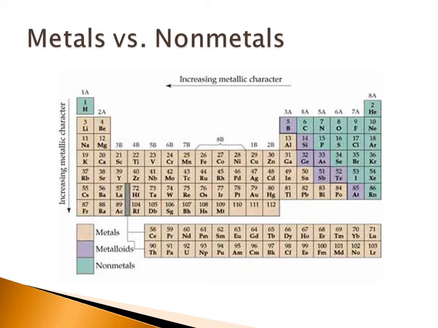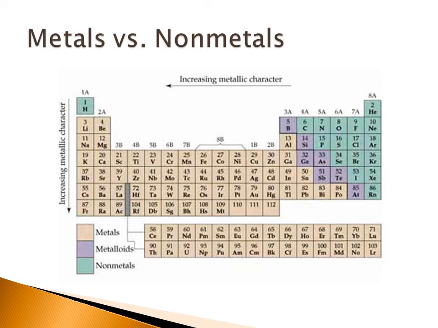And any element that touches that line can be categorized as a metalloid. Now on this table it shows that aluminum and polonium are both metals, not metalloids, even though they touch that line. You would never be asked about those two elements specifically because there's some debate in different textbooks as to what to categorize them. So just remember that anything that's touching that bold line is a semi-metal or a metalloid.